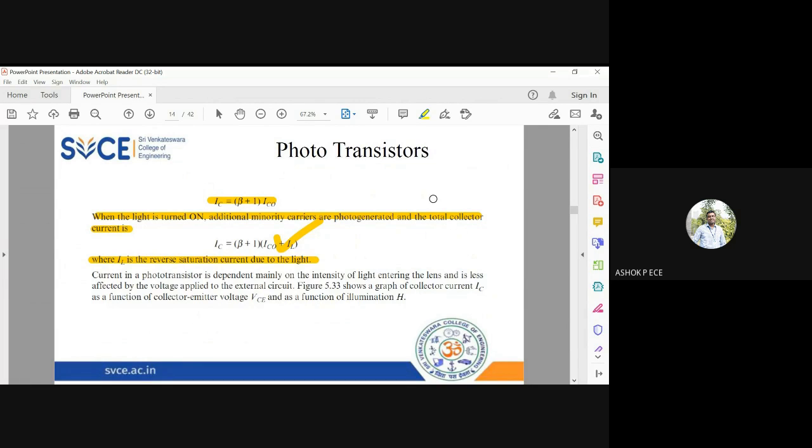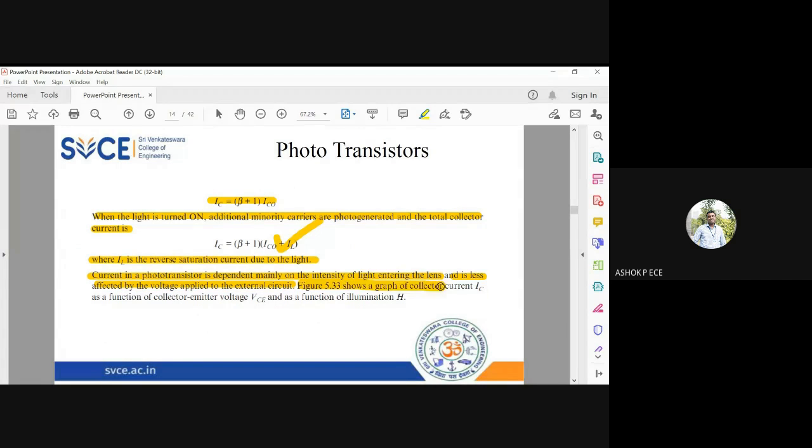When I illuminate the collector base junction with light, then the collector current is given by IC equal to (1 plus beta) into IC naught plus IL, where IL is the reverse saturation current produced because of light. So here also the current in a phototransistor depends on how much intensity of light is falling, and it is not affected by how much reverse bias voltage you give to the circuit.